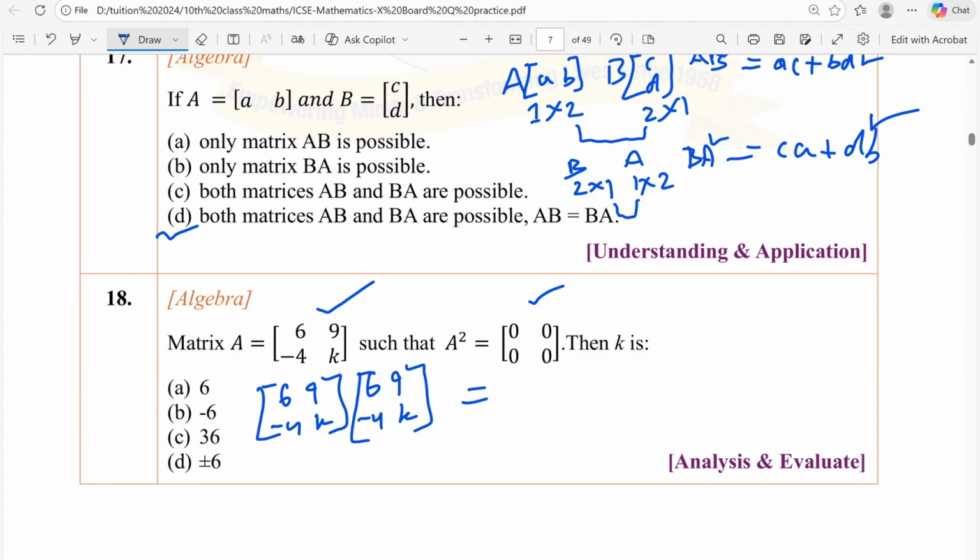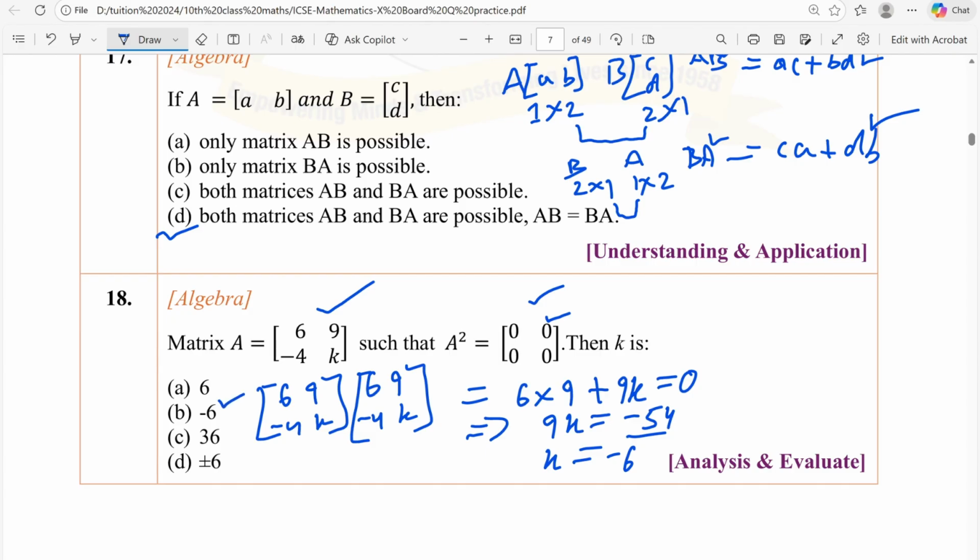For the first row, second column, 6 into 9 plus 9 into k equals 0. So 54 plus 9k equals 0, 9k equals minus 54, so k equals minus 6. So the answer is minus 6.